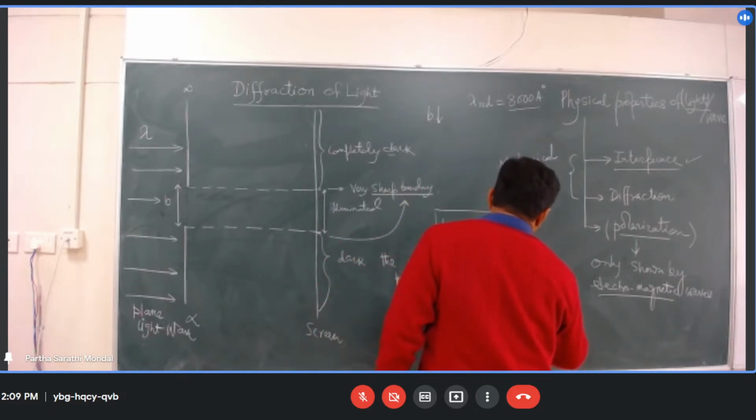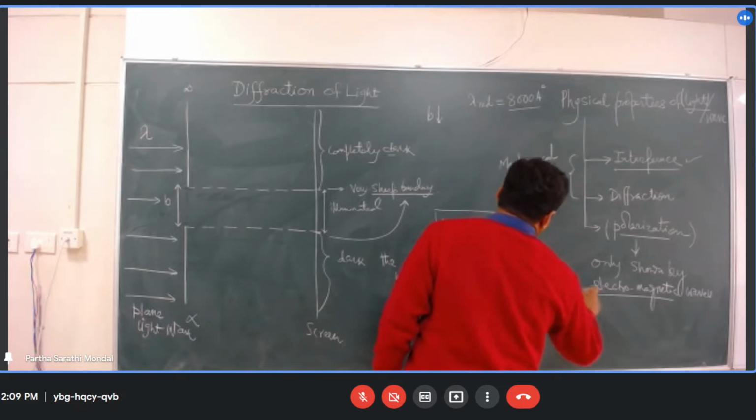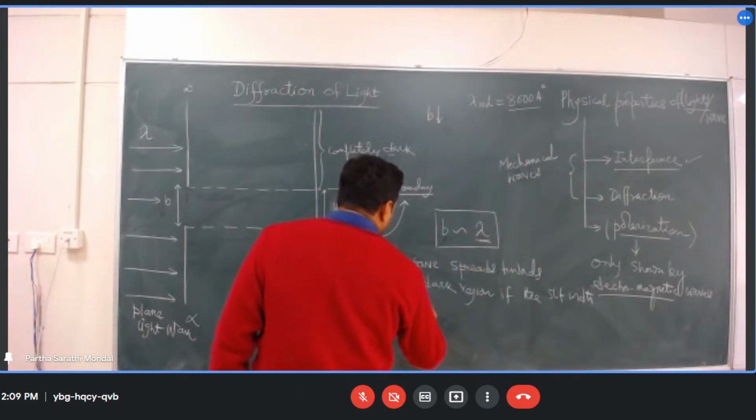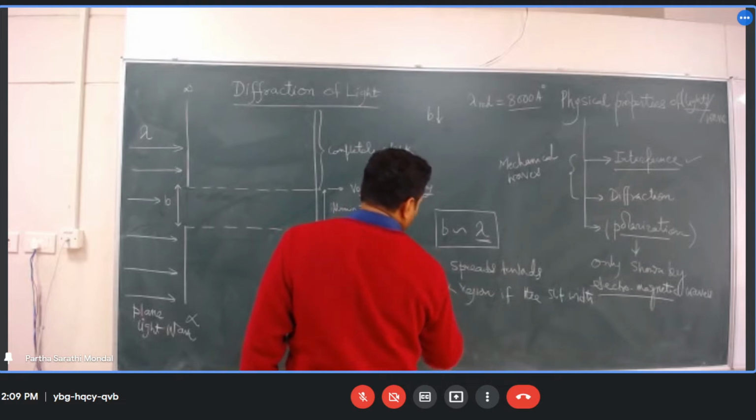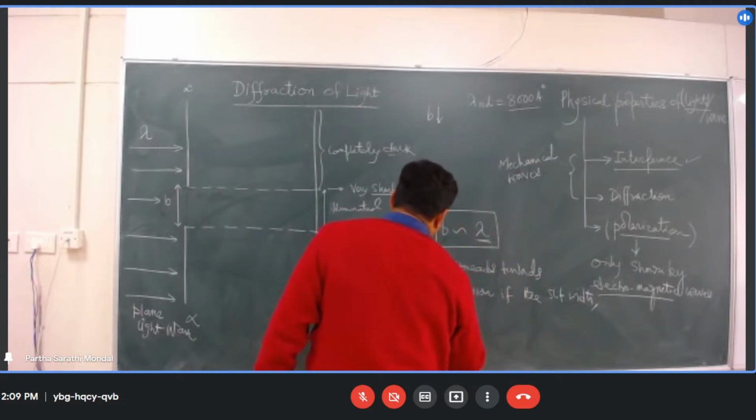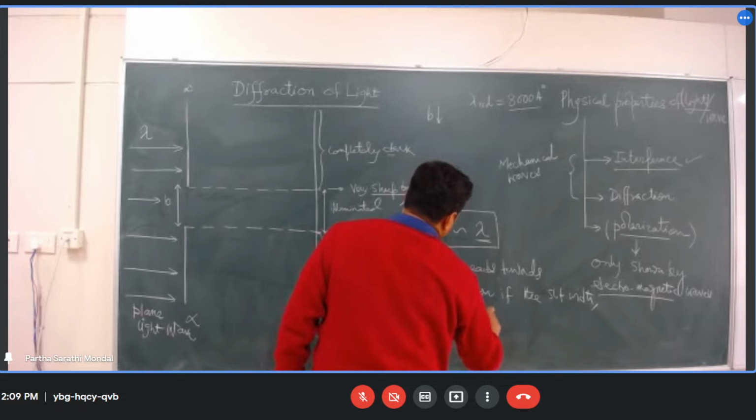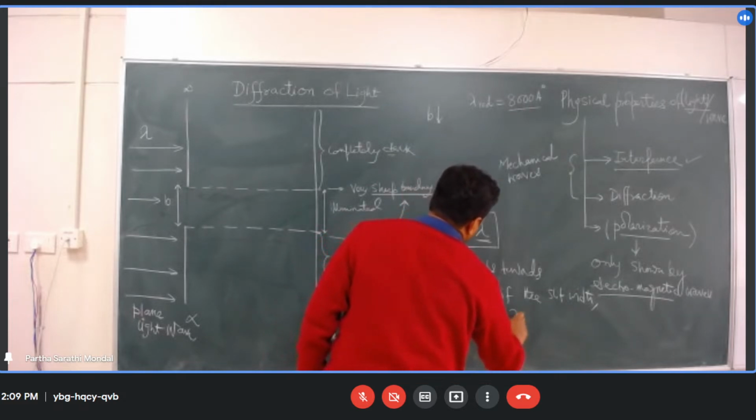If the slit width, which in our case we say is B, is comparable to the wavelength of light or wave, whatever, lambda.